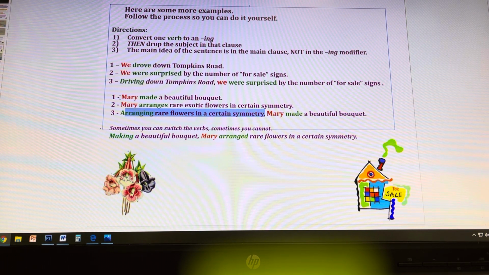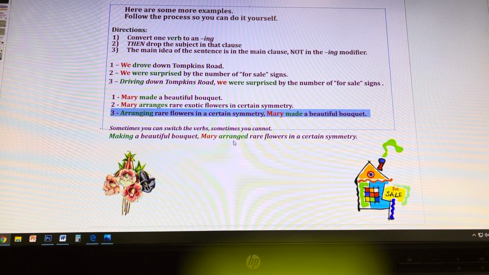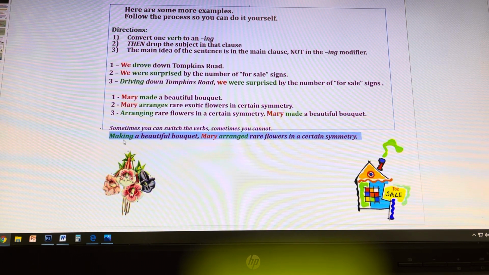And what's the second part? It has to be a complete thought. Mary made a beautiful bouquet. All right, and that works. Arranging rare flowers in a certain symmetry, comma, Mary made a beautiful bouquet. Can this one be flipped? So we turn made into making and drop Mary from in front of making.